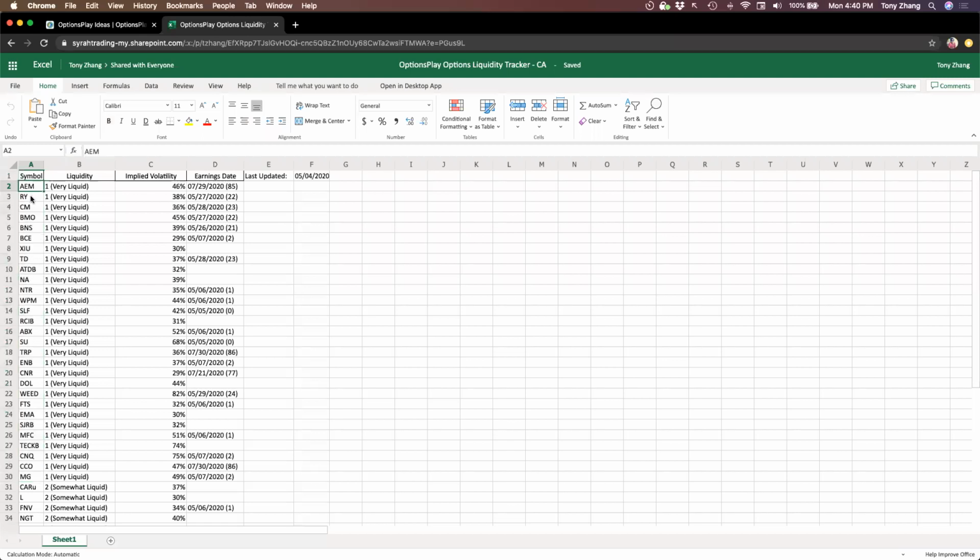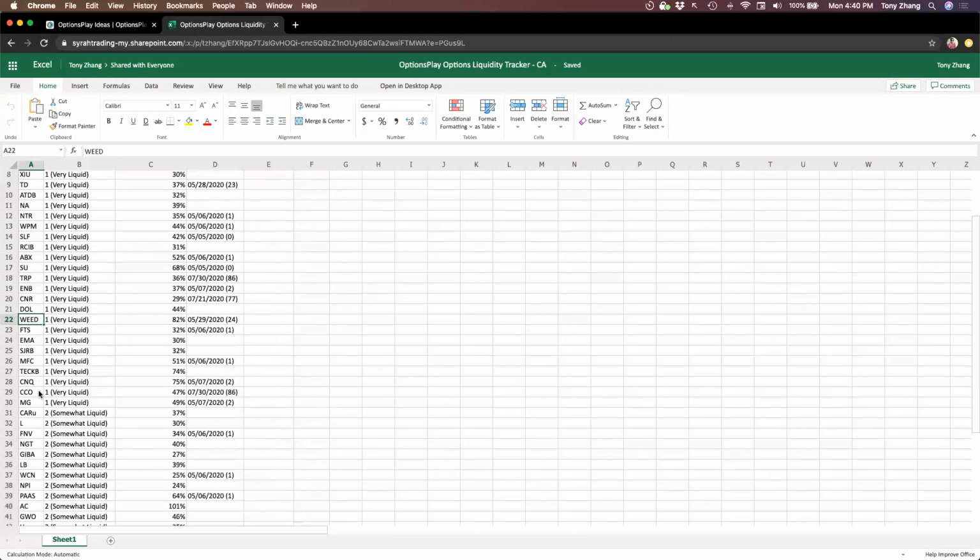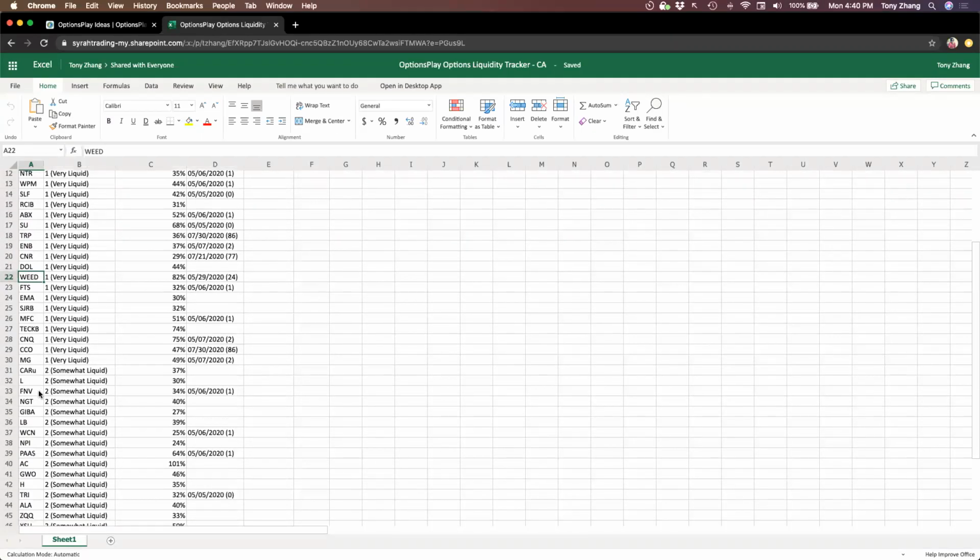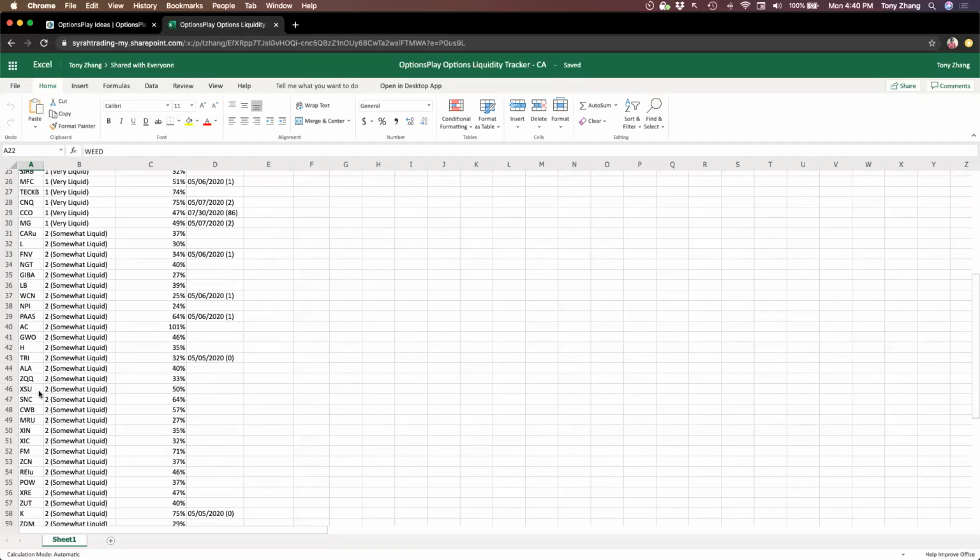Names that you're probably familiar with, like Royal Bank of Canada, BMO, XIU, TD, Barrick Gold, SU, Enbridge. Weed also makes the top because it is very widely traded, but I think it's the only one of the marijuana stocks that makes the very liquid names.